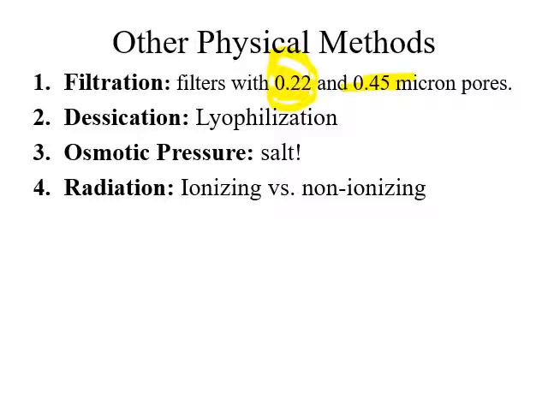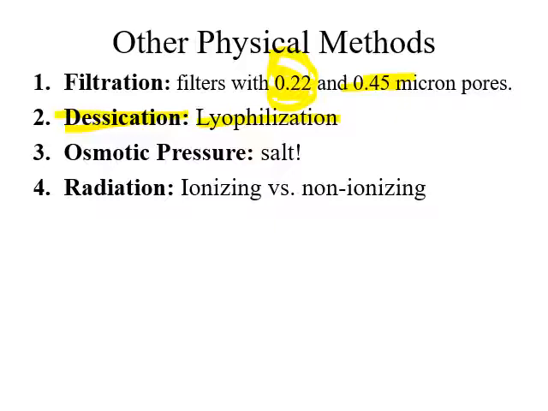Now, desiccation means to dry something out so that it's so dry that bacteria and fungus can't live on it. Lyophilization is a combination of drying things out and freezing them. You freeze dry them, right? So you put some food, for instance, into a vacuum that's cooled down to a low temperature, or you take some soup and you freeze it, and then you suck all the water out of it while it's being frozen, and that's actually the most common way that they make powdered soup mixes, through lyophilization.